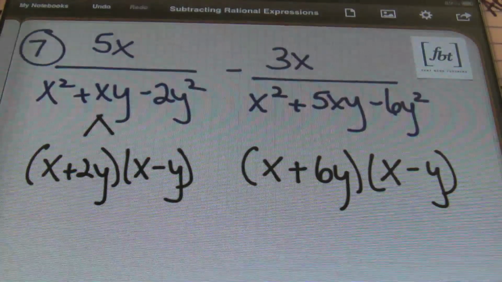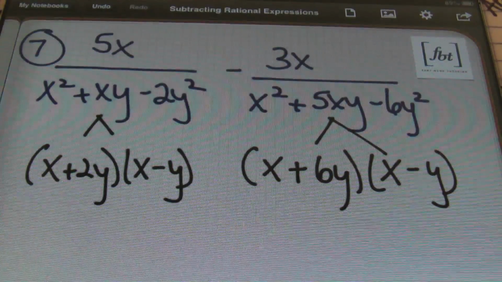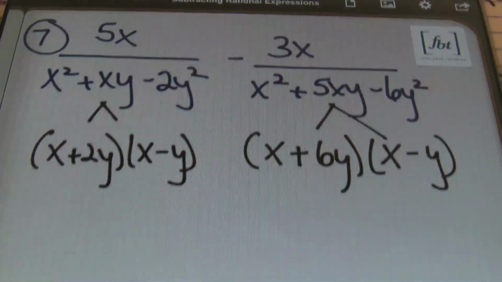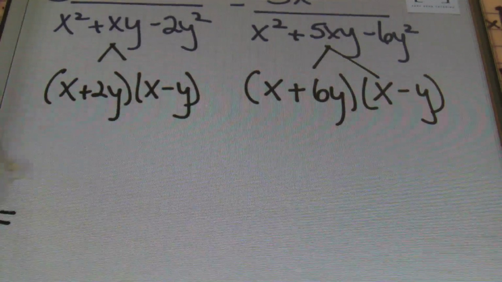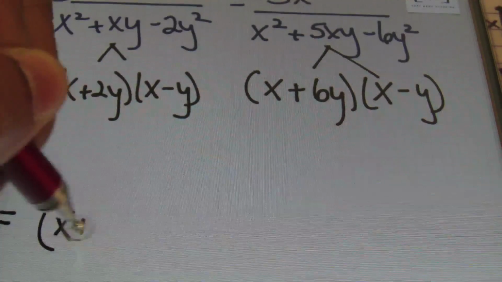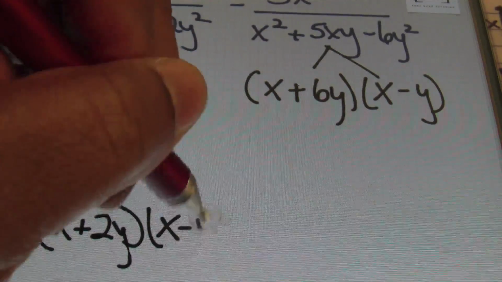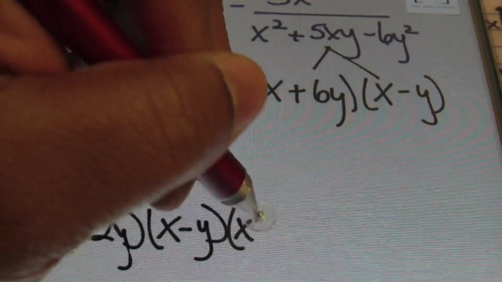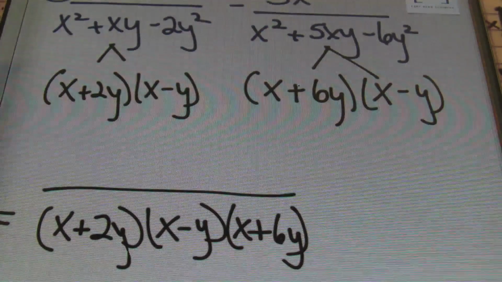So that's what we have after we factor out those denominators. Now we need to come up with our lowest common denominator using these factors. I'll need an x plus 2y. I'll also need an x minus y. And I'll also need an x plus 6y. So this is going to be my denominator right there.